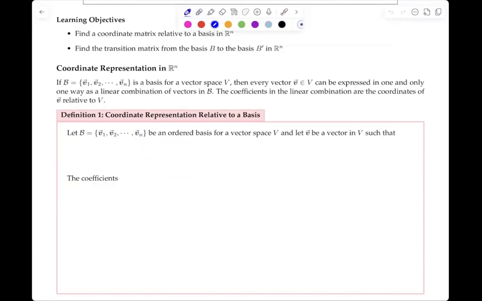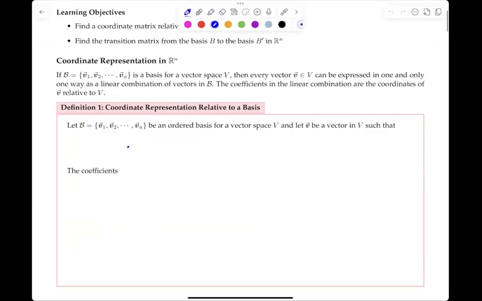Let's write down the theory again. Let B be the set of vectors V1 to Vn, an ordered basis for the vector space V. And let the vector V be a vector in the vector space such that V equals C1 times V1 plus C2 times V2 plus dot dot dot up to Cn times Vn.